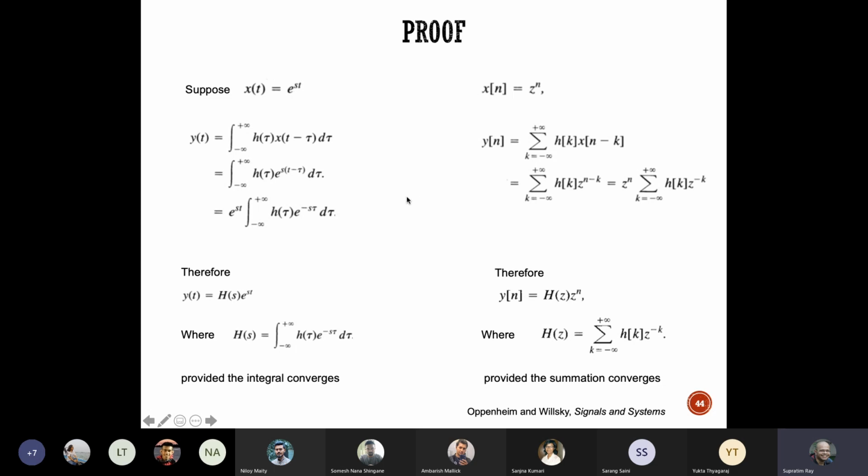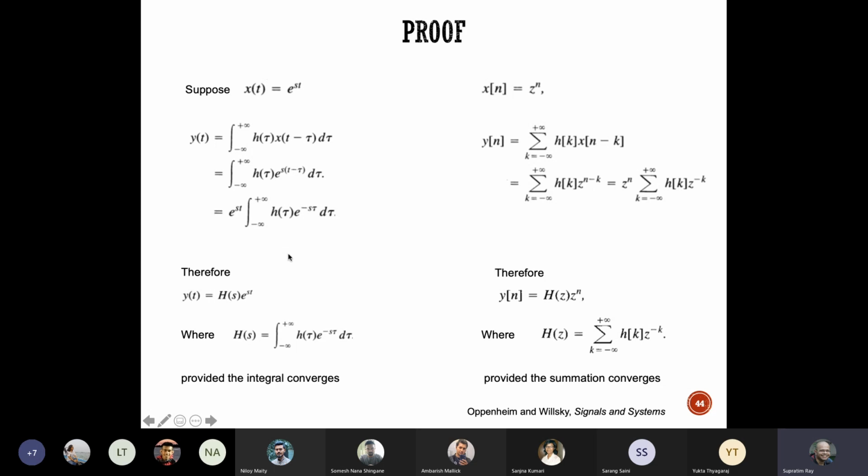So we will see that when we talk about Fourier analysis, this is just a simple form of an exponential where this s is just j omega. If you don't do that and just work with s, where s could be not j omega but some other number, you have a more generic form of transform, which is called the Laplace transform. So we won't talk about the Laplace transform.